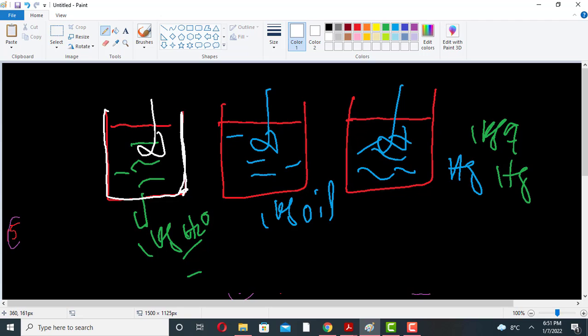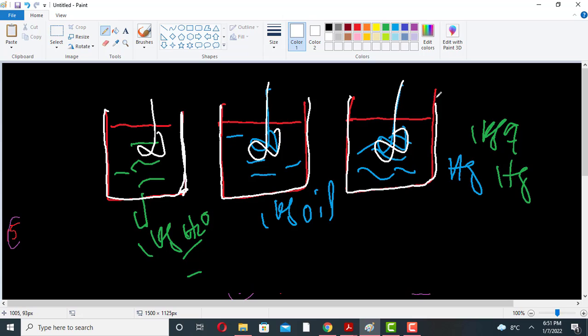This is the stirrer, this is also the stirrer. Now we apply insulation to these beakers. This white shows the insulated beaker. Now, what will happen?